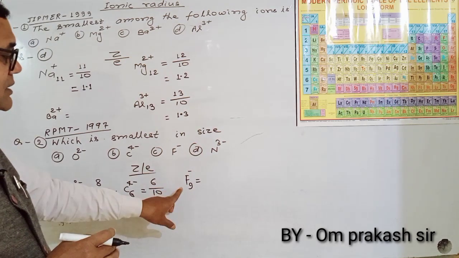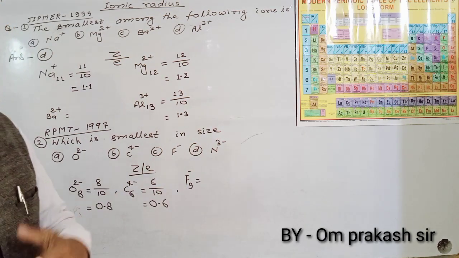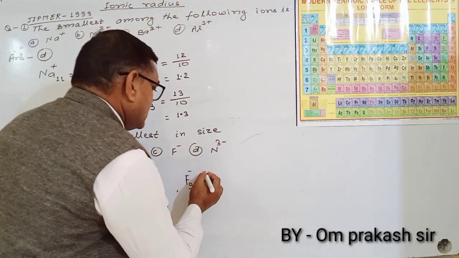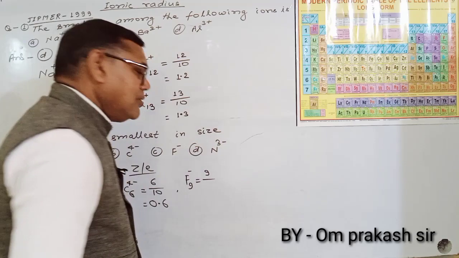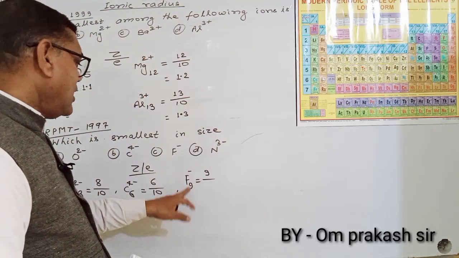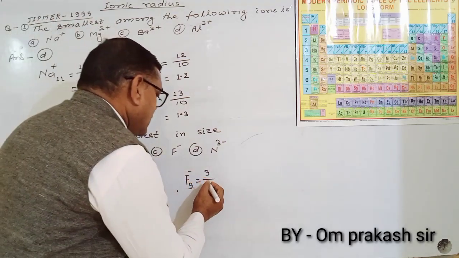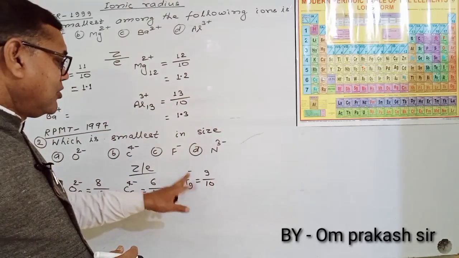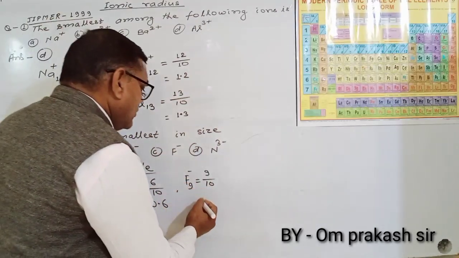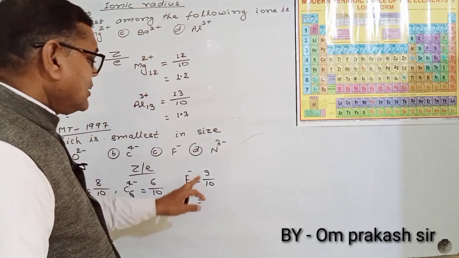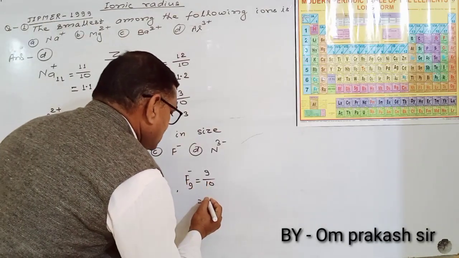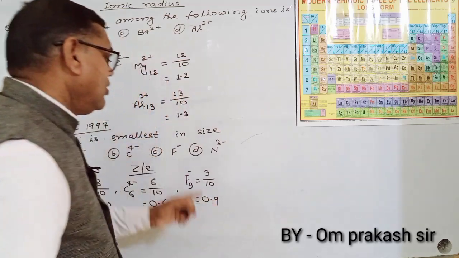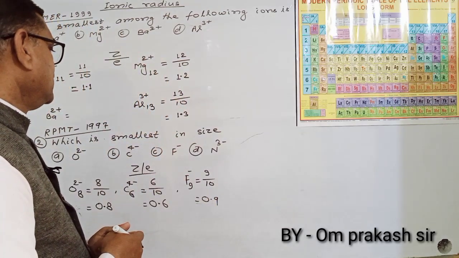This 9 indicates the value of Z. We add 9 and 1, we get 10. 10 is the value of electron in fluoride ion. Now we divide 9 by 10, we get 0.9. It is the value of Z upon E.